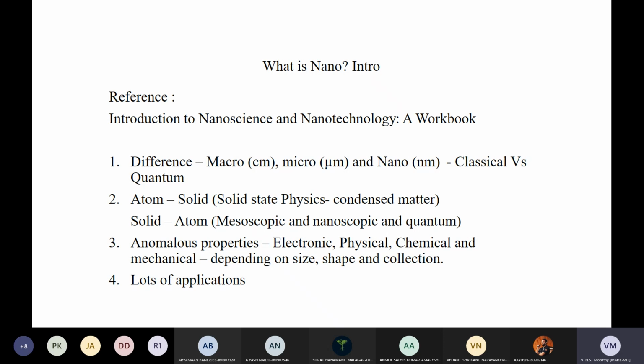Macro means 10 power minus 3 meters, centimeter. Then people came to 10 power minus 6 meter, micron, micrometer. Even then, we reduced the number of atoms from Avogadro's number by about 2000 times. But people still felt that materials follow classical mechanics. Then what will happen?